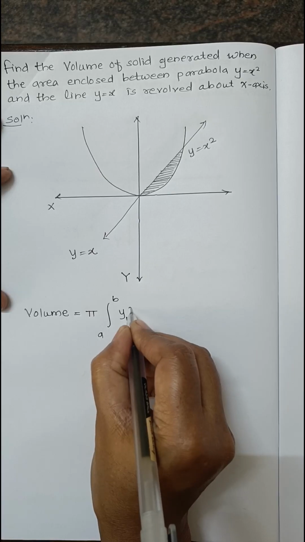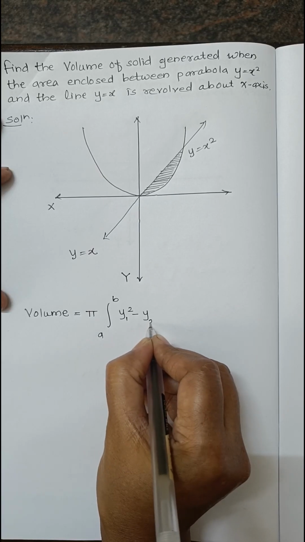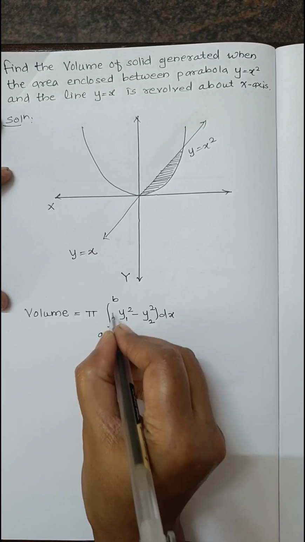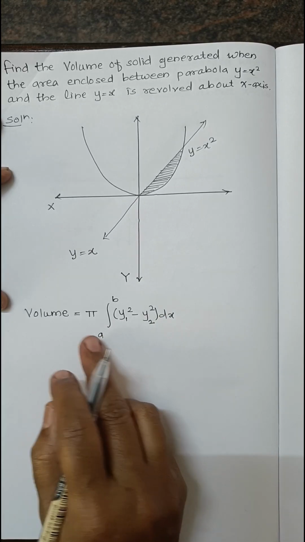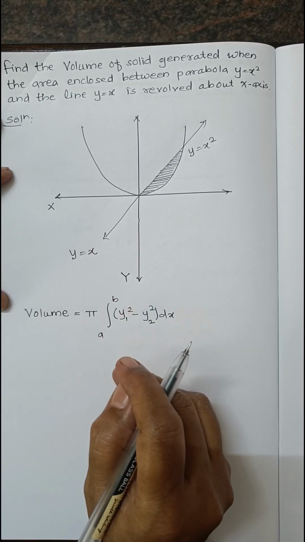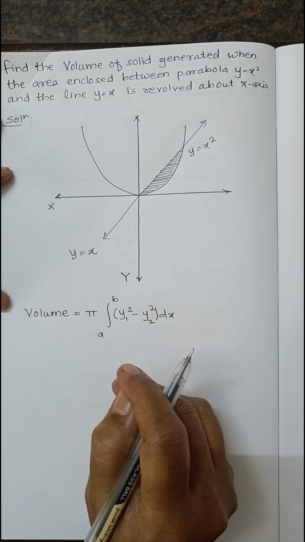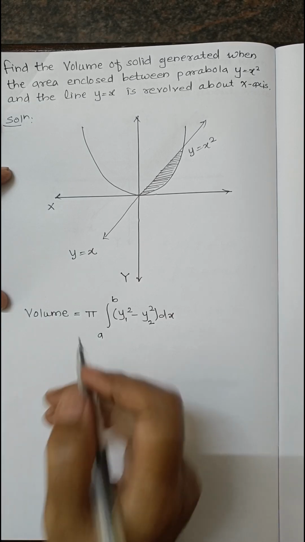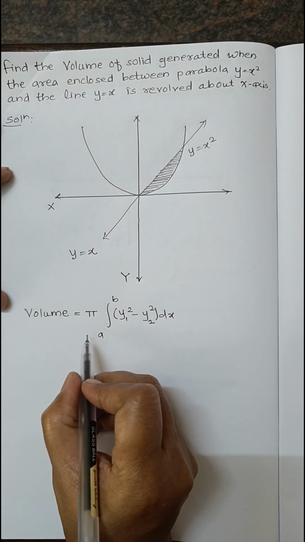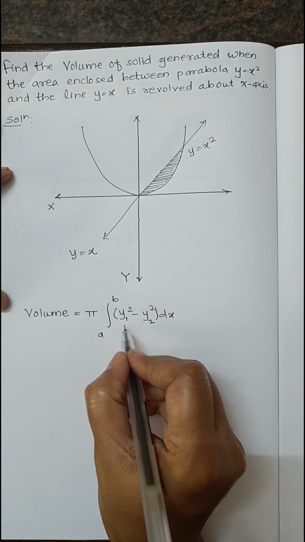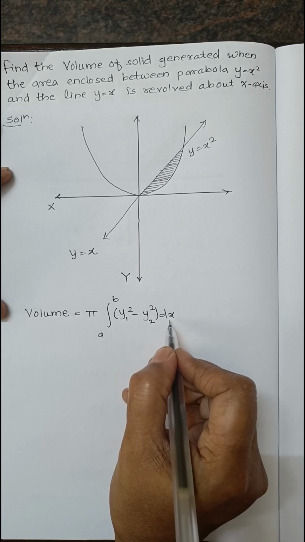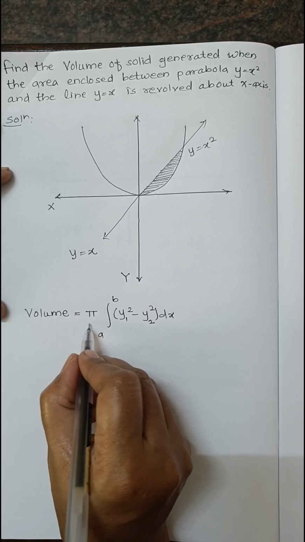Therefore y1 square minus y2 square dx, multiplied by pi.